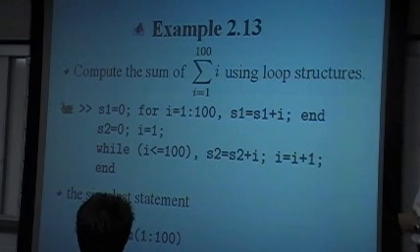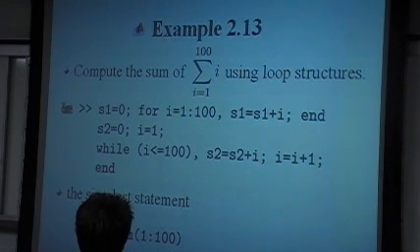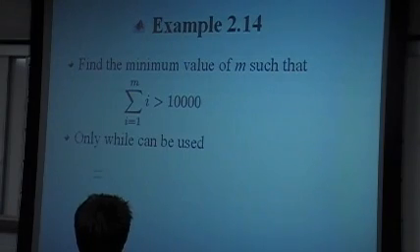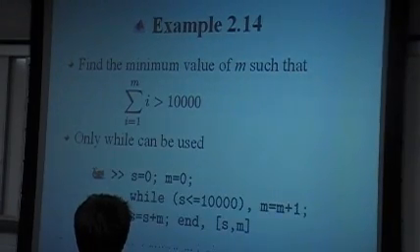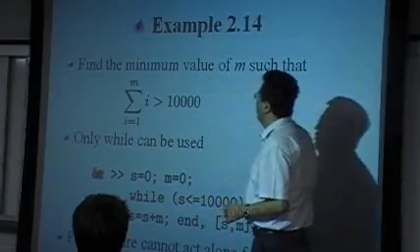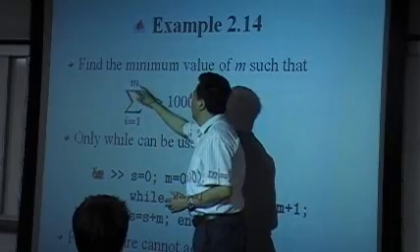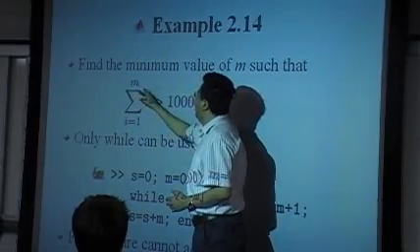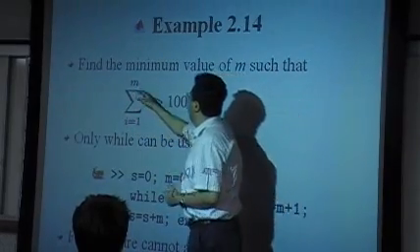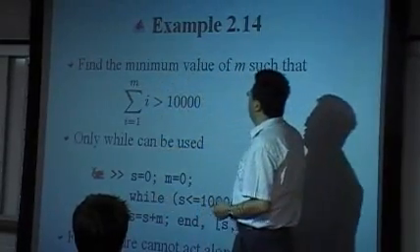And we can see that the for structure is much simpler than the other one. So the question is, why do we need a while statement? Let's consider another example. Suppose we want to find the summation of i up to certain terms. We want to see what is the value of m which makes this inequality hold.